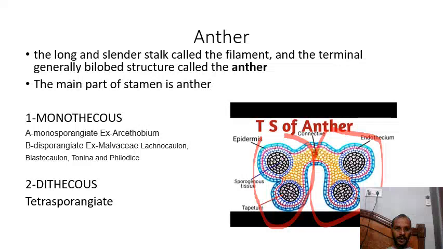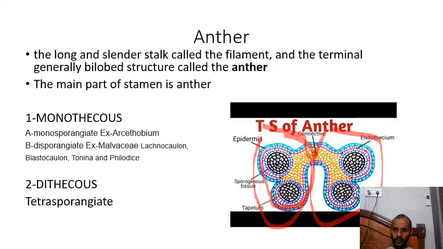On the basis of theca, it is divided into two types: monothecous and dithecous. What is monothecous? Suppose only one theca is present, and here we can see a spore. On the basis of spores, it is divided into two types.